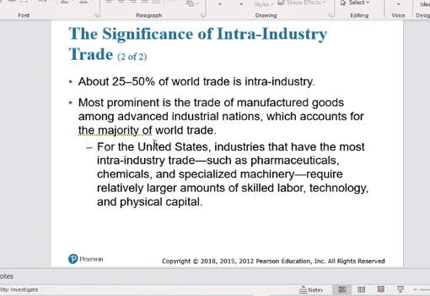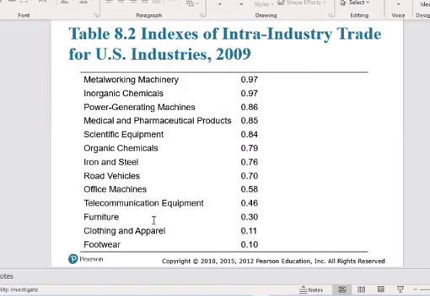Most prominent is the trade of manufacturing goods among advanced nations, which accounts for the majority of world trade. For the US, industries with the most intra-industry trade, such as pharmaceuticals, chemicals, and specialized machinery, require a relatively large amount of skilled labor, technology, and physical capital. Here is the list.